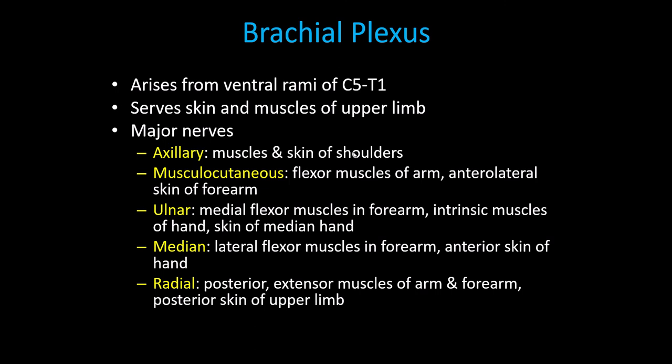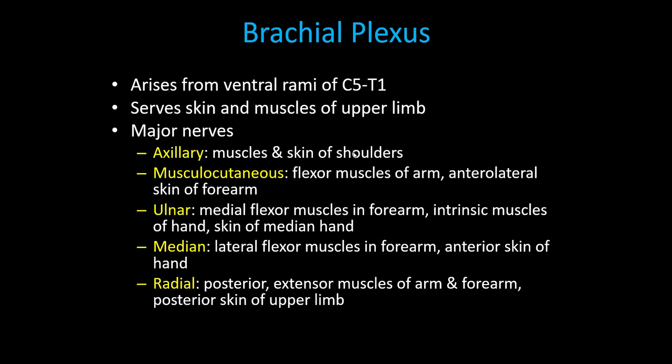The ulnar nerve does the muscles that are flexors in the forearm, so the flexor carpi ulnaris, etc. Also the intrinsic muscles that we find in the hand, and then the middle part of the skin in terms of the middle part of the hand.